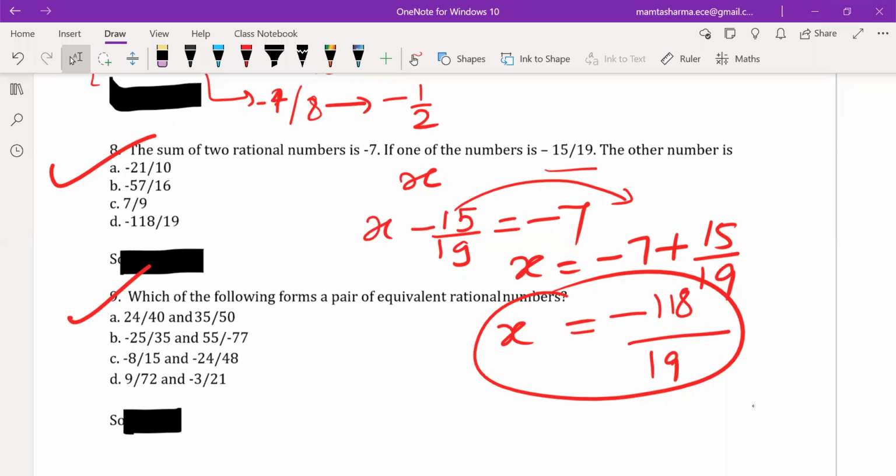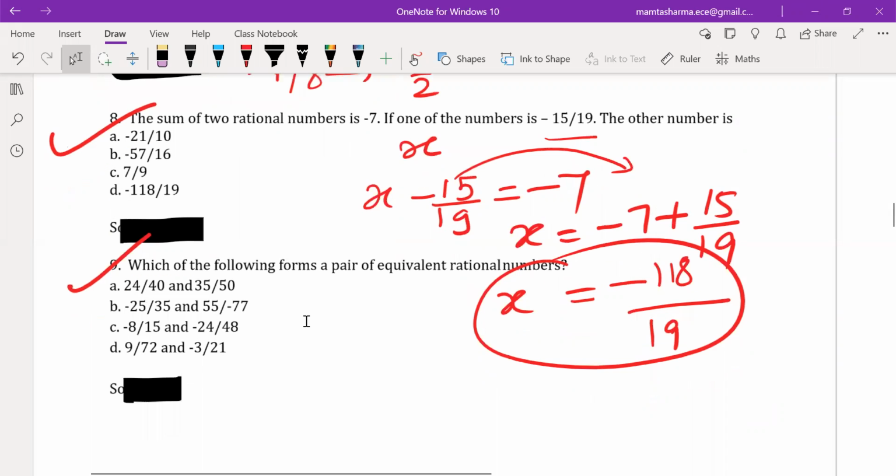Nityashri? Nityashri is not there. Tanvi? Okay. Tanvi has joined only for the attendance. Okay. So now let's move to the next question.